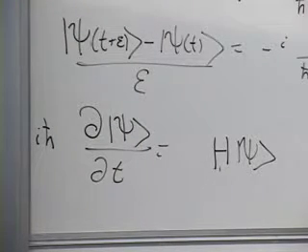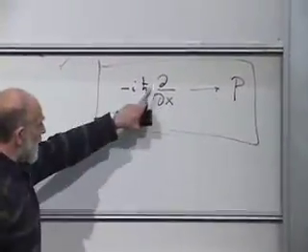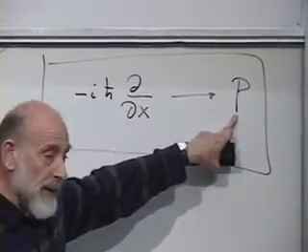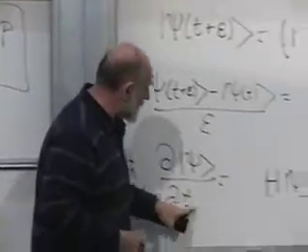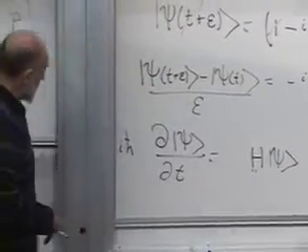That's sort of very similar to this formula. This said that a derivative with respect to position is related to the momentum. This says the derivative with respect to time is related in a similar way to the energy, to the Hamiltonian.